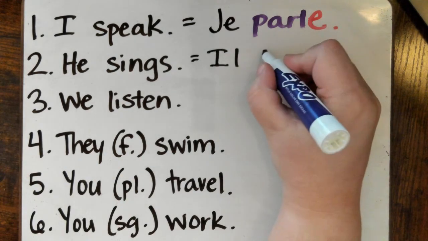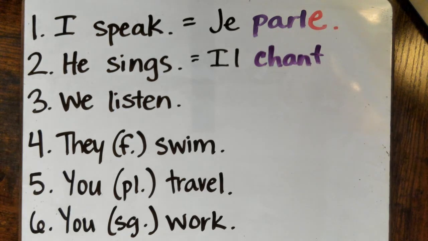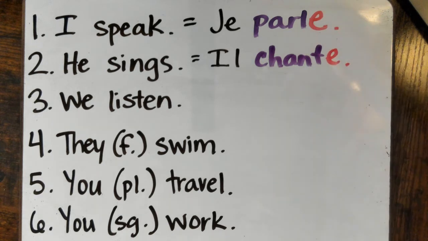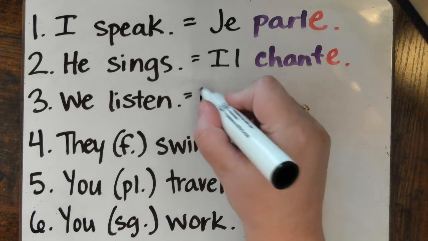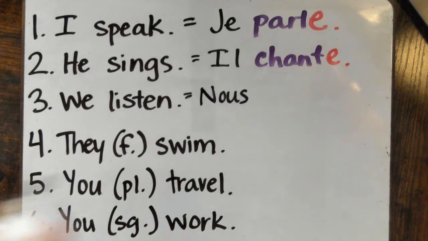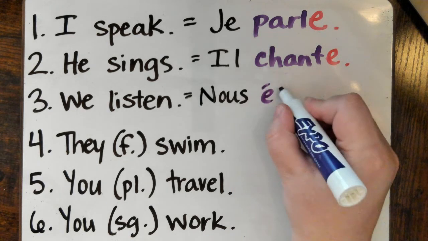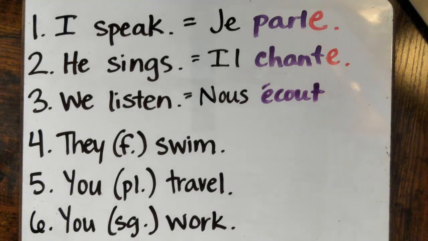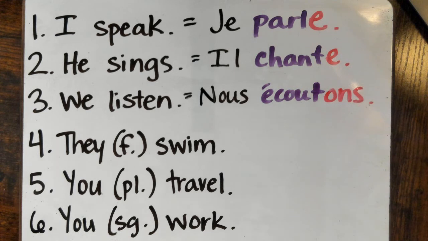Sings is chanter. So my stem is C-H-A-N-T, and my ending is E. Number 3, we listen. Subject is nous. Stem is E-C-O-U-T. Don't forget the accent mark. And the ending is O-N-S.